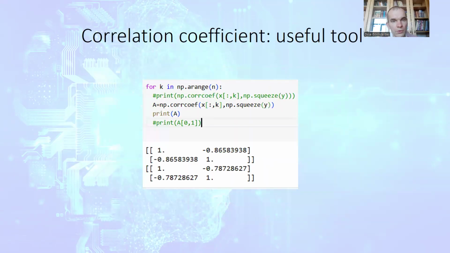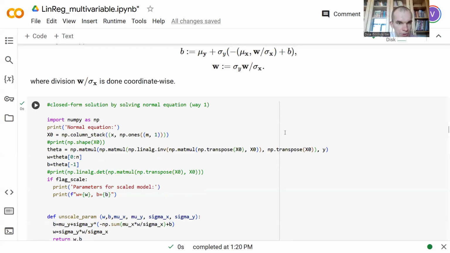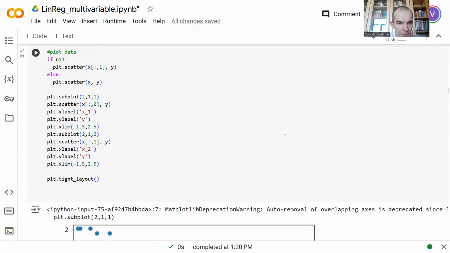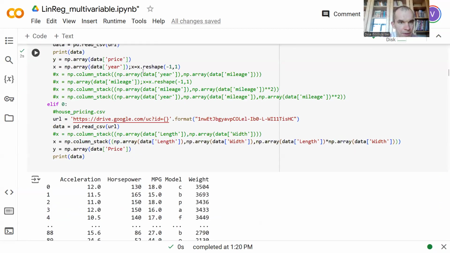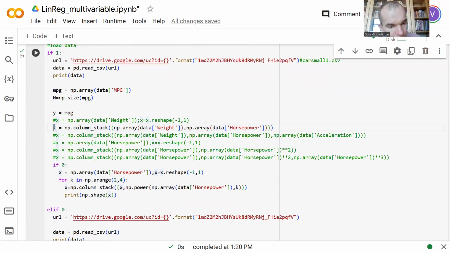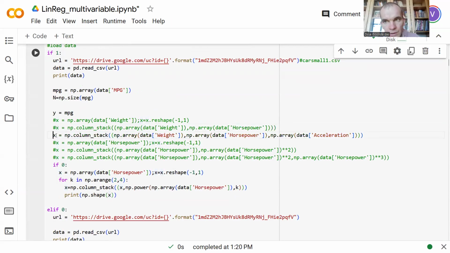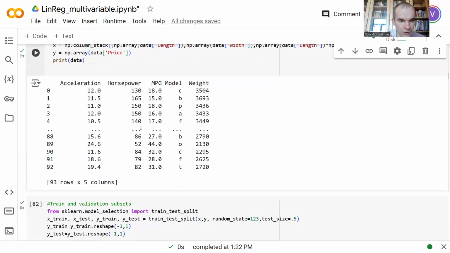One final moment I would like to mention is to notice the correlation coefficient when adding new variables to consideration. For example, here we considered horsepower and weight, but we can also add acceleration. The correlation coefficient between target variable y and parameter x, in this case weight, horsepower or acceleration, can give us a hint how much this variable can contribute to the quality of our prediction.